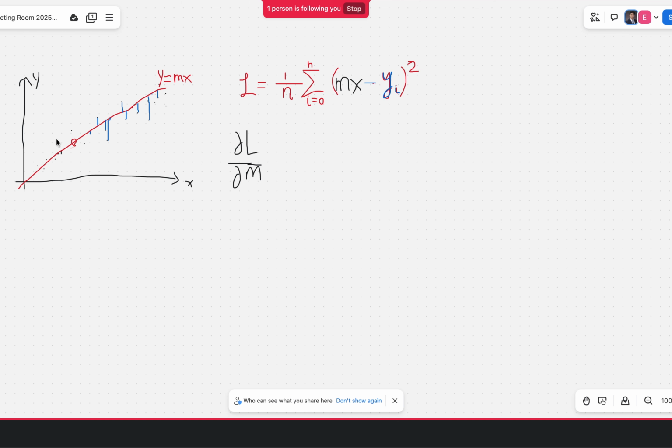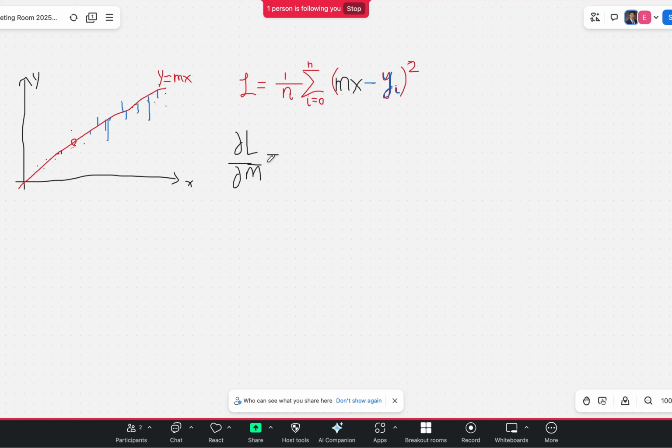Now you get velocity, because speed is just the rate of change. Same concept here. I'm trying to take the derivative of L in respect to m. So I'm trying to get the rate of change of that. I'll get to why we want the derivative in a minute.